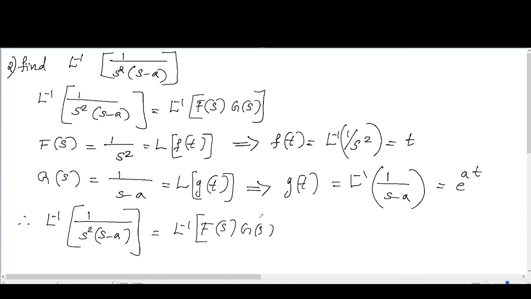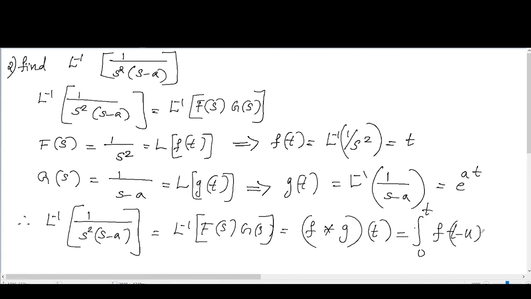Now by the convolution theorem, this is equal to f star g of t. Now what is f star g of t? By the definition of convolution of two functions, this is integral from 0 to t f of t minus u into g of u into du. Now what is f of t here? Here f of t is t.